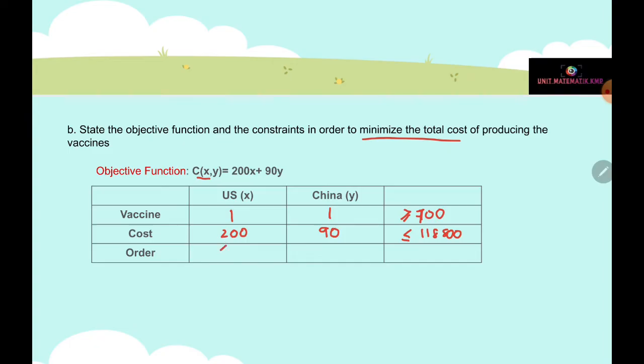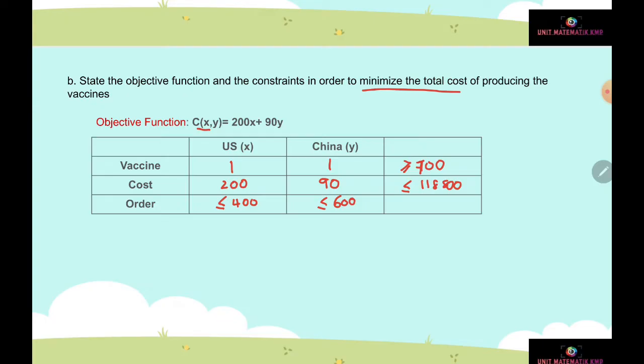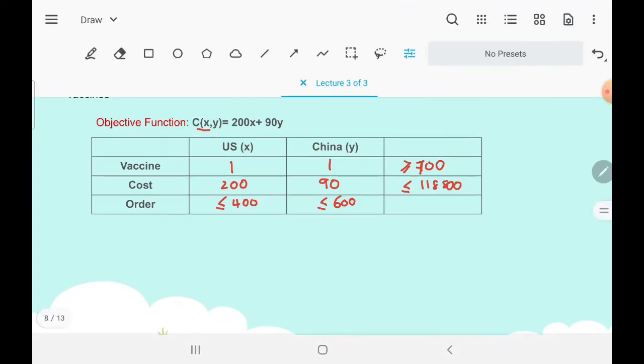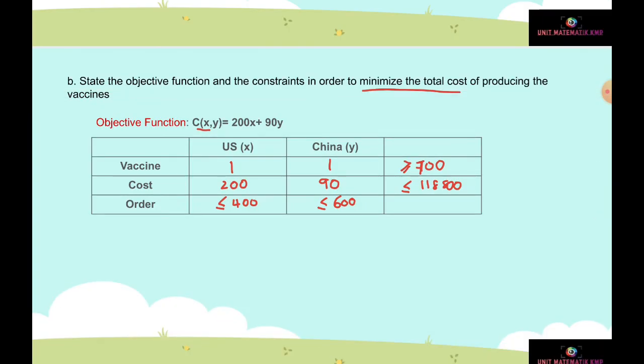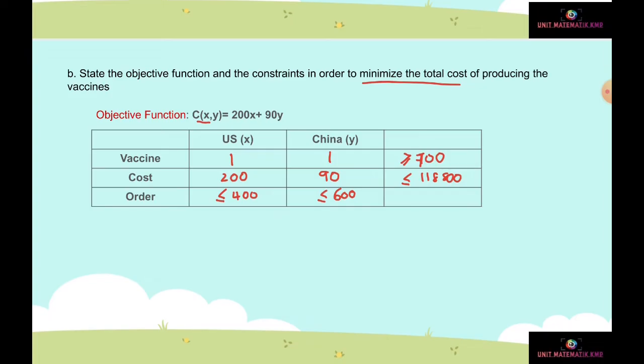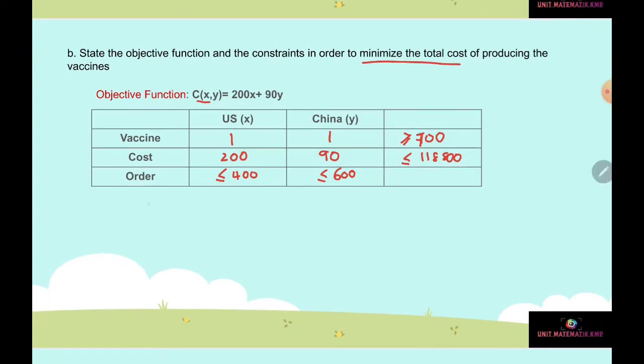So x must be less than or equal to 400, and y for China must be less than or equal to 600. Now after we fill all the blanks in the table, we can bring out all the inequalities, which are the constraints.